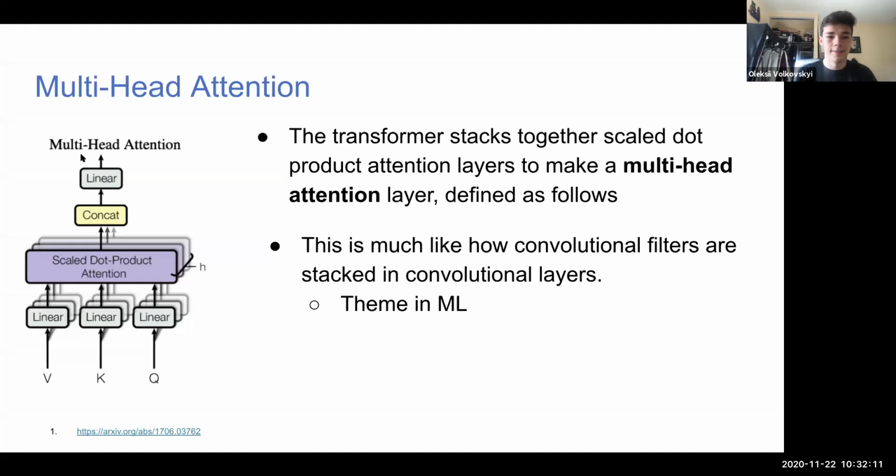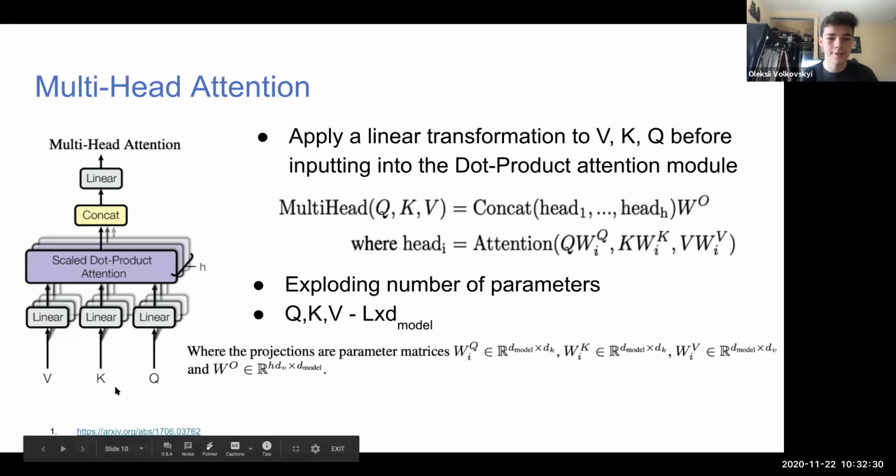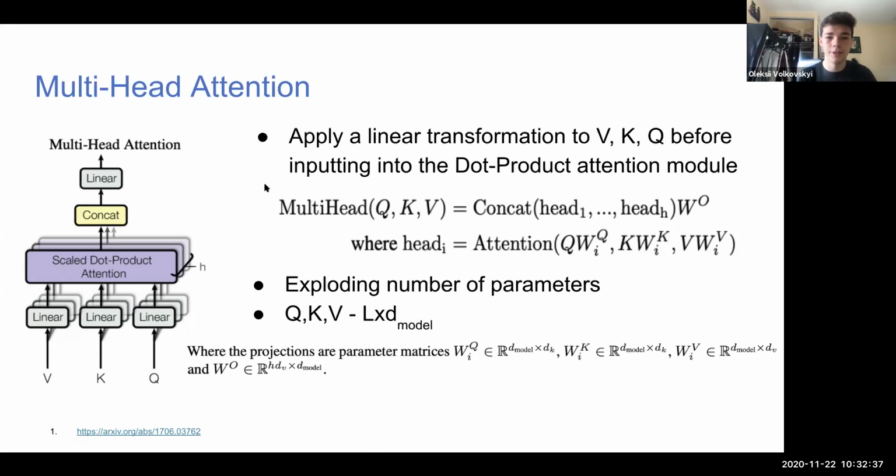And after you do all of these channels, you concatenate them and feed it into another linear layer, and that's the output of the multi-head attention. So like I was saying, you apply a linear transformation to the values, keys, and queries before feeding into the dot product attention. Now you define this multi-head attention block by splitting it up into different attention heads.